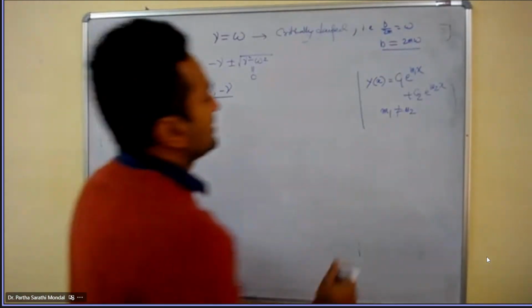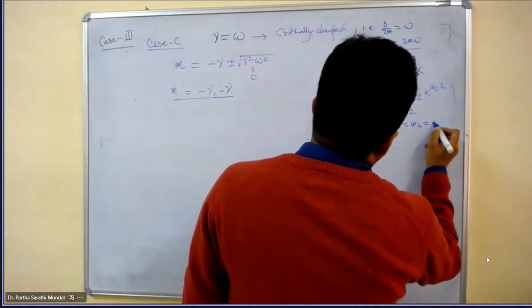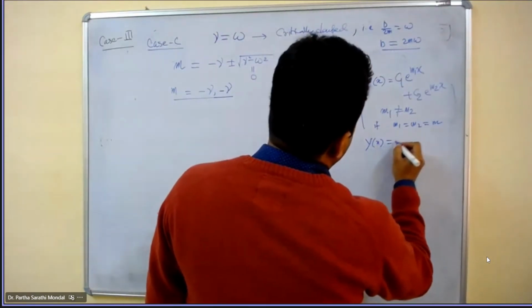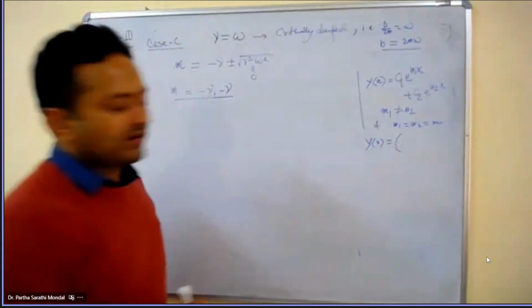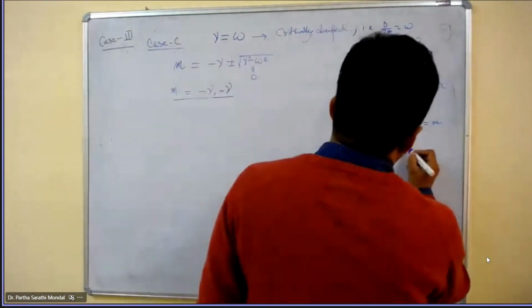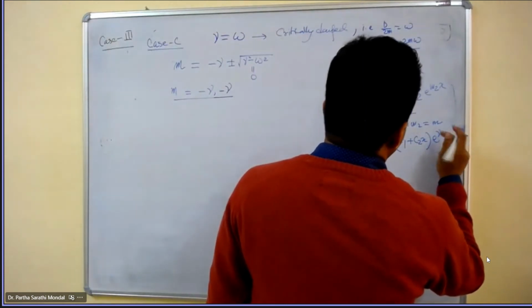Otherwise, if m1 equal to m2 equal to m, in that case you have to write it in a different way: x equals c1 plus c2 x, e to the power mx.